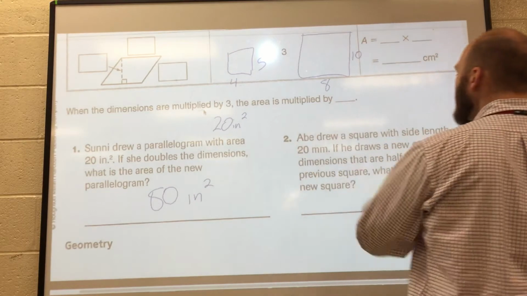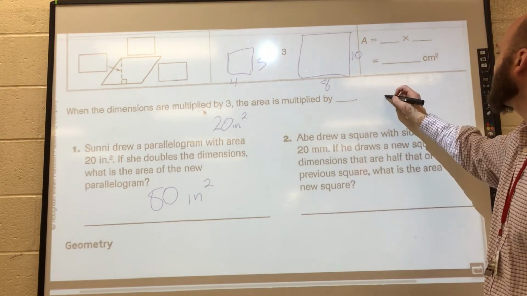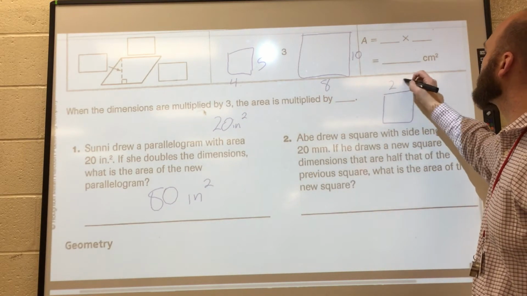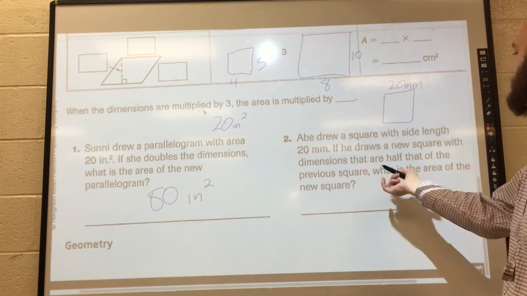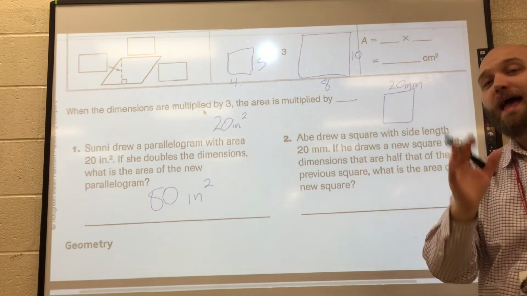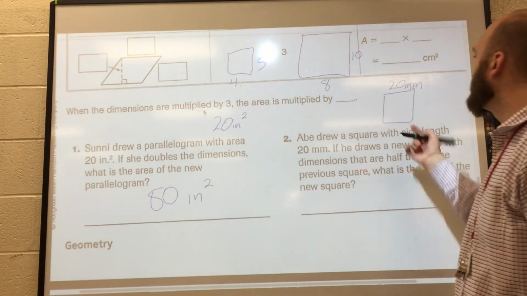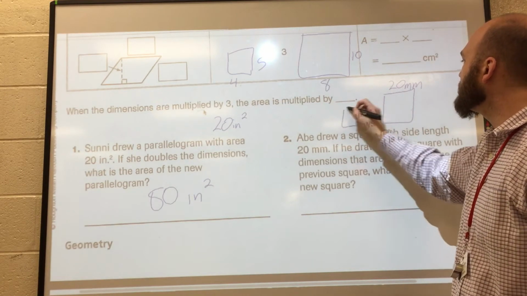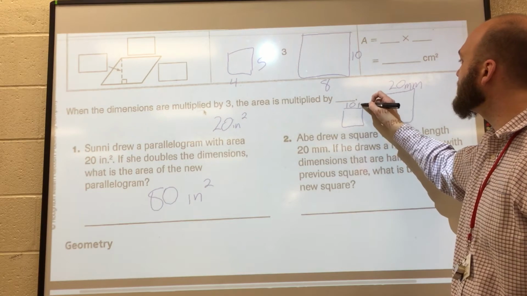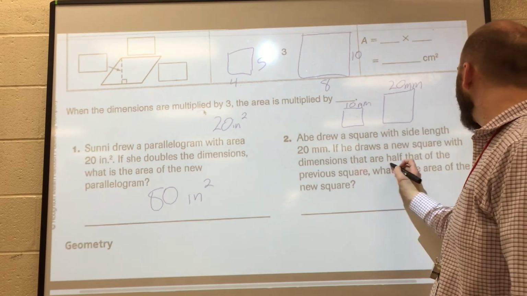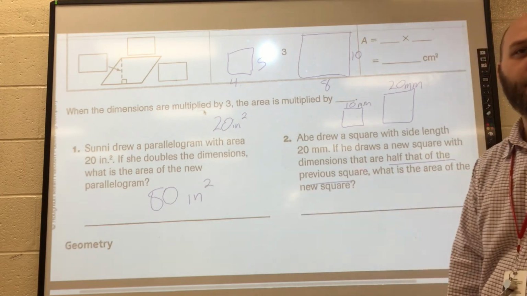Abe drew a square with a side length of 20 millimeters. If he draws a new square with dimensions that are half that of the previous square, what's the area of the new square? Well, 20 millimeters, my new square is half of 20 millimeters, half that of the previous square.